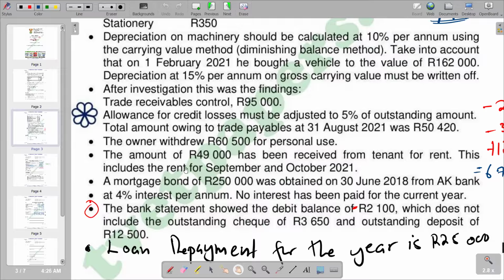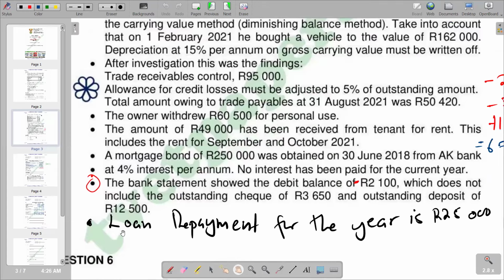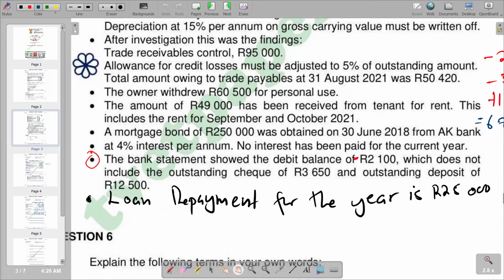So we've got a mortgage bond, which is coming in the form of our non-current liability, but we are given the further point that the loan repayment for the year is 25,000. So obviously, to get the loan balance at the end of the period is going to be 250,000 minus 25,000, and we get 225,000.